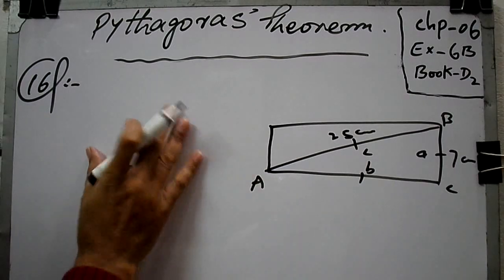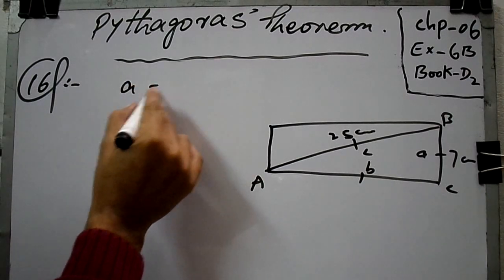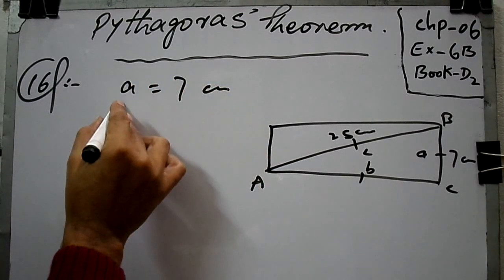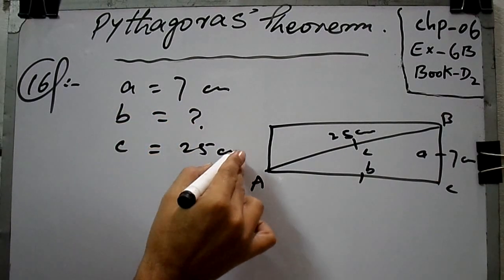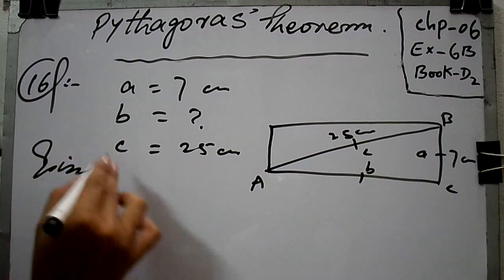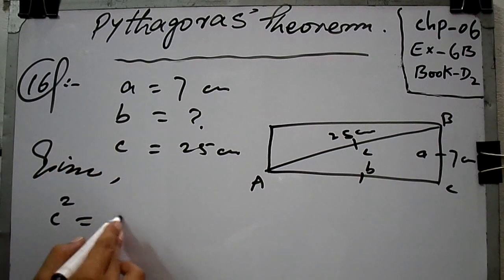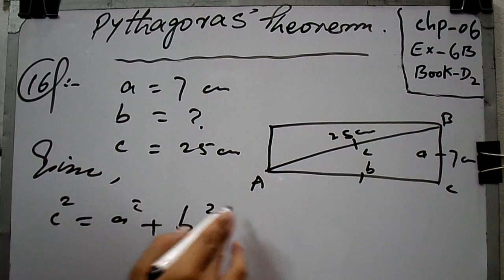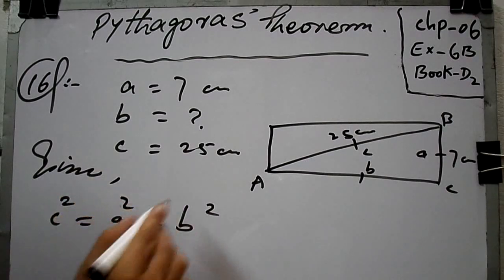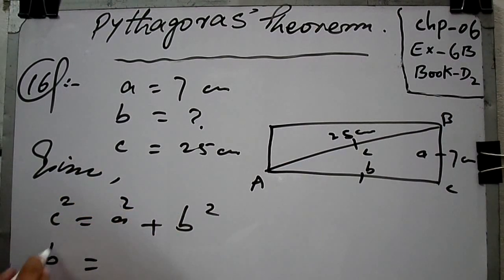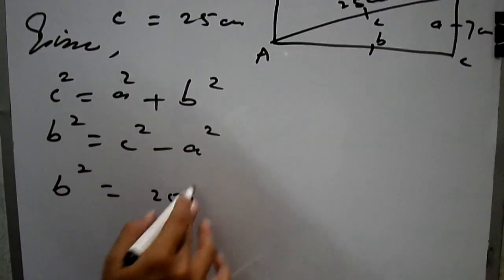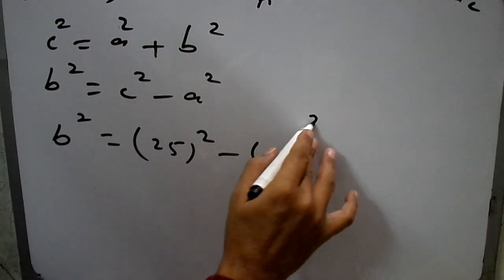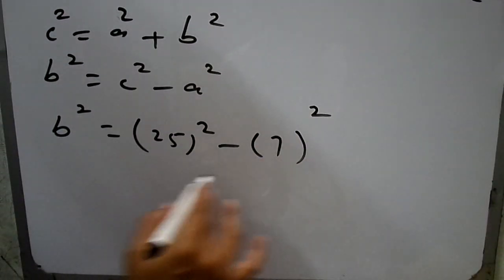So the value of A is 7 centimeter, the value of B we have to find, and C is 25 centimeters. By Pythagoras theorem, C square is equal to A square plus B square. You need the value of B square, so you have to put the values, that is C is 25 square minus A, the value of A is 7.